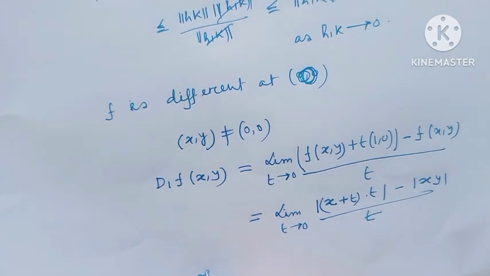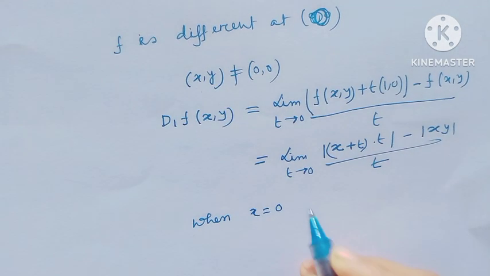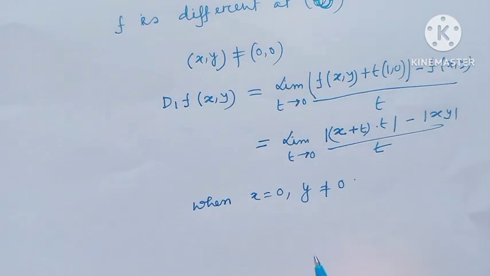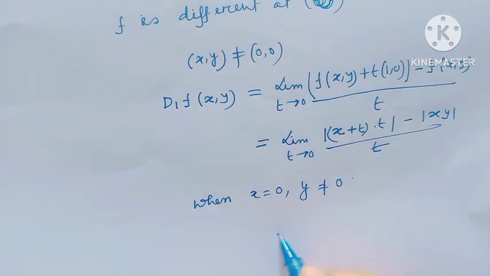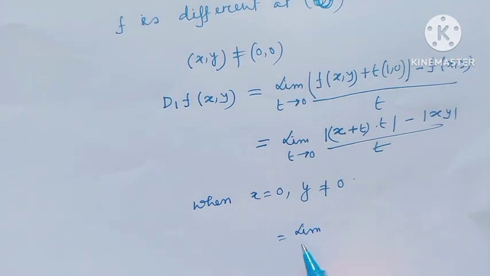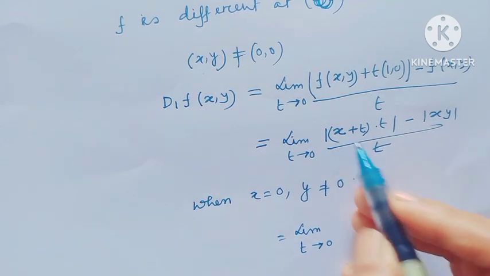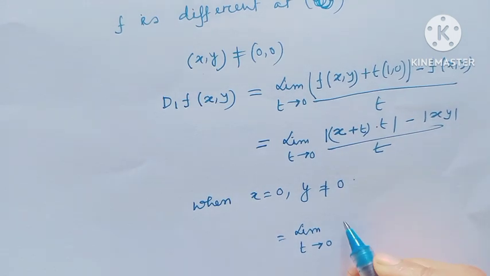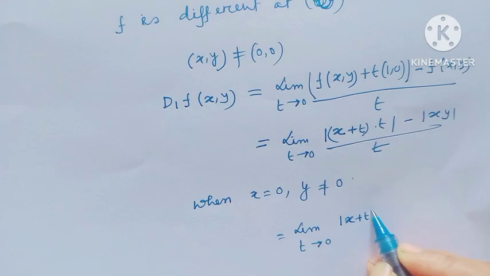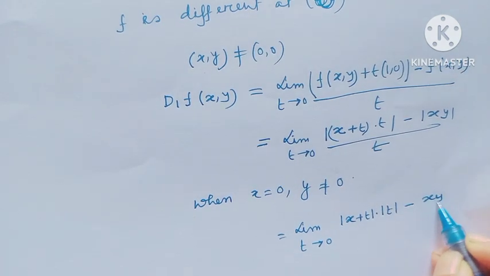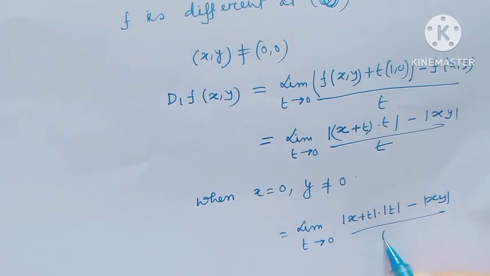When x equals 0 but y is not equal to 0, then I will get the limit as t goes to 0 of absolute value of (x plus t) times absolute value of y minus xy, divided by t.